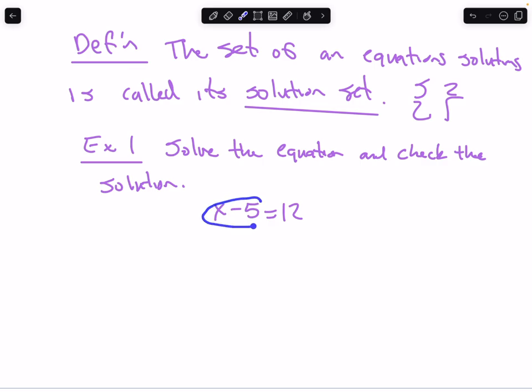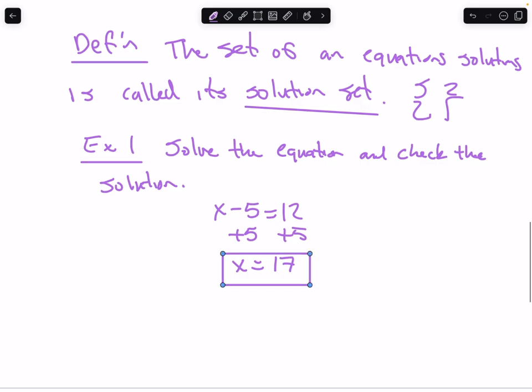If we have x minus 5, the way we undo subtraction is with addition. So to get rid of the 5 on the left-hand side, we need to add 5 to the left-hand side.